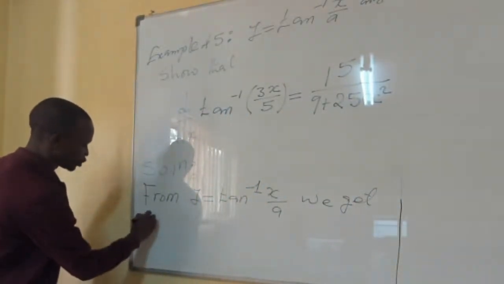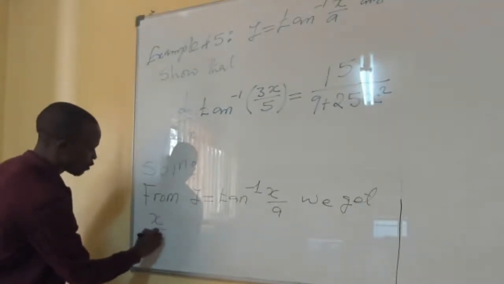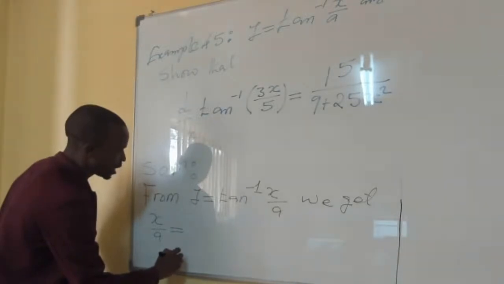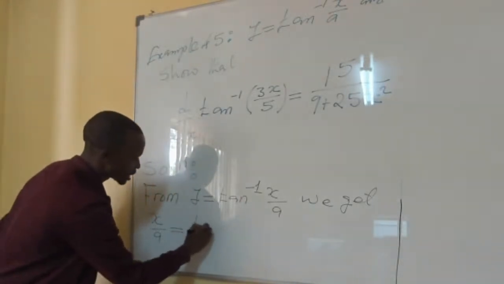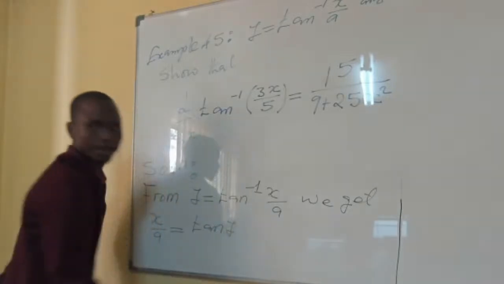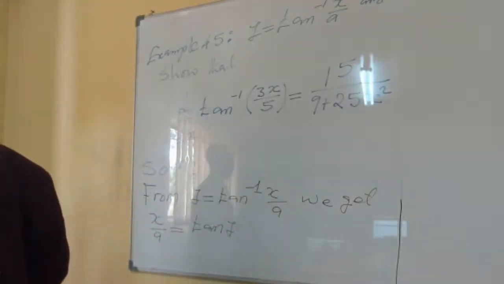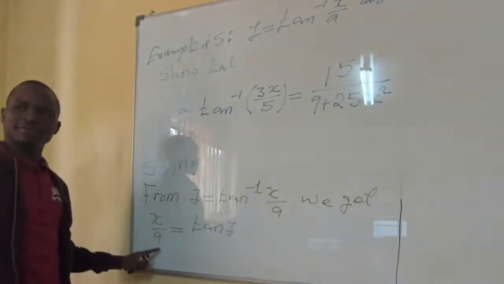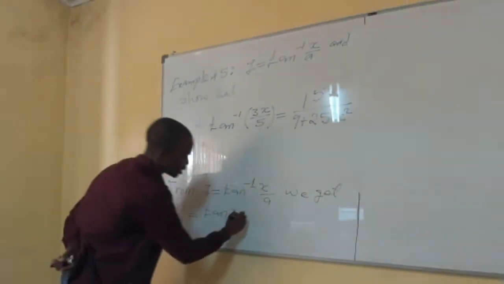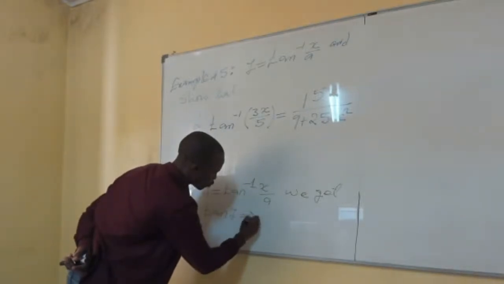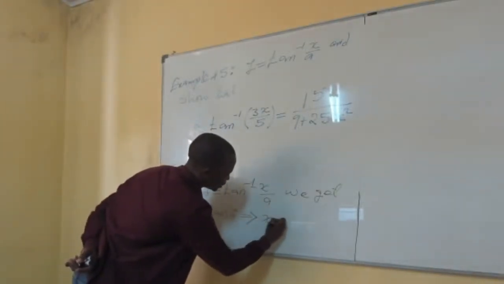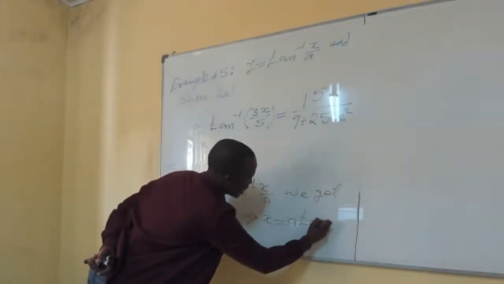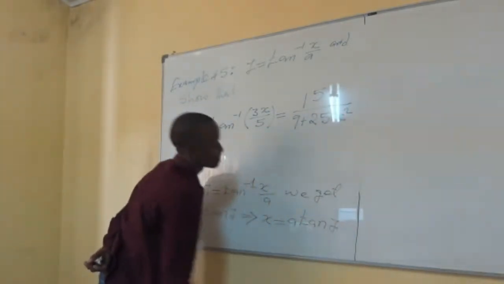We are going to have a situation that x over a is equal to what? x over a is equal to the tan of y, which we can rewrite as x is equal to a times the tan of y.